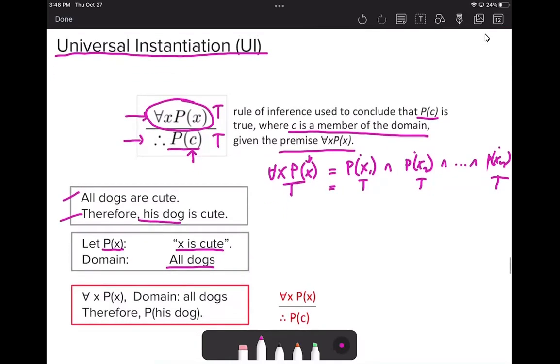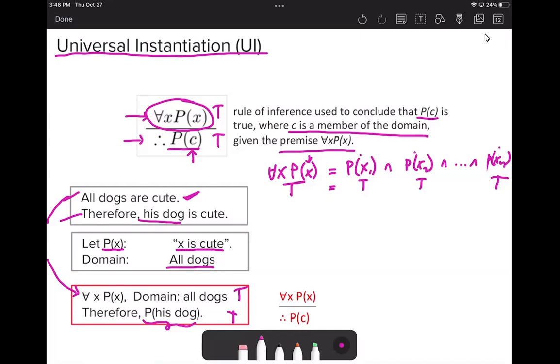The statement all dogs are cute may be written in predicate form as for all x, p of x, wherein the domain of x is all dogs. Therefore, p of his dog should also be true, given that the premise all dogs are cute is true.